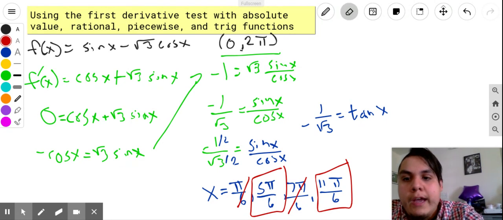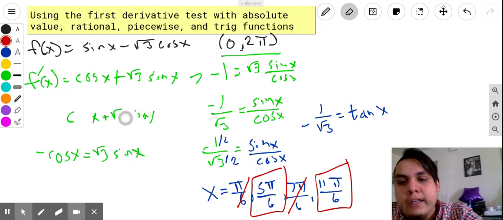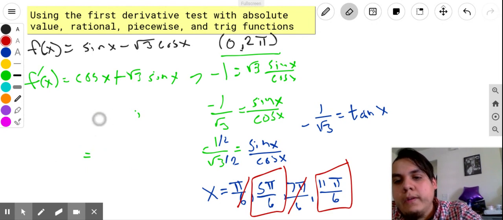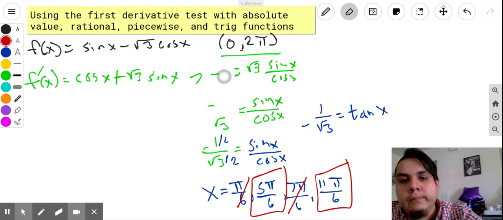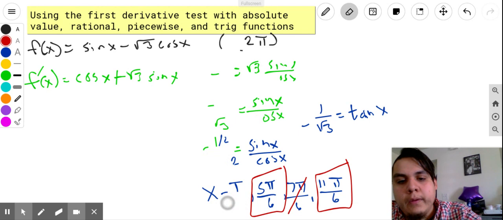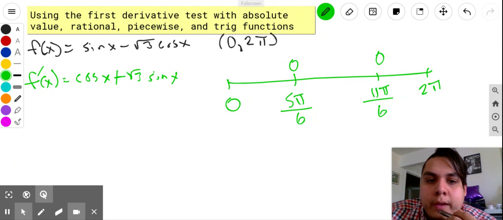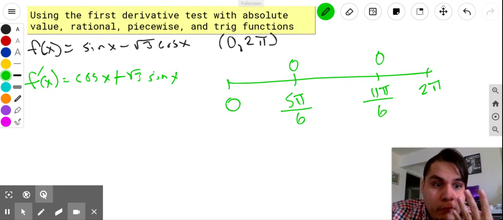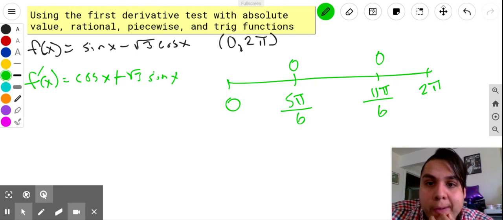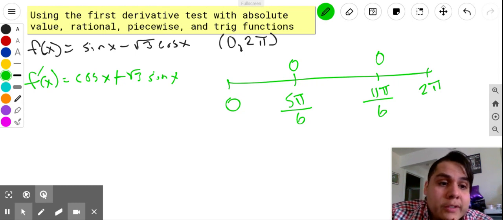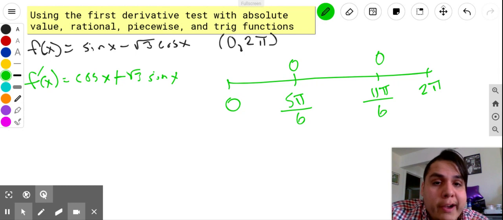So I need to make my number line, and I need to look at my first derivative. Oop, can't erase that part. So here we go. I need to test out my 4 intervals that I have. Since it's sine and cosine, I'm going to be strategic with my choices. I'd rather use zeros and ones if possible.